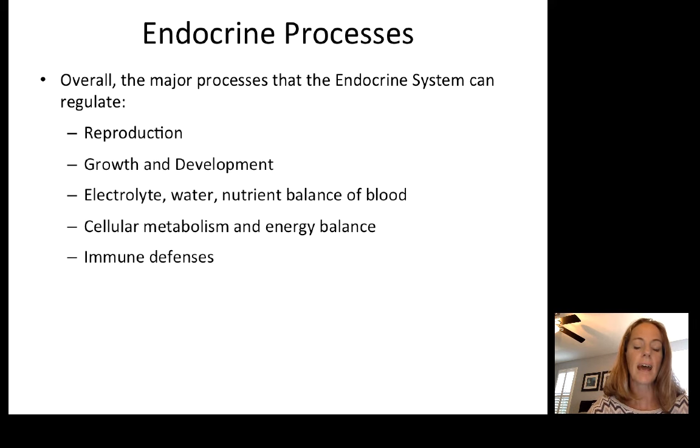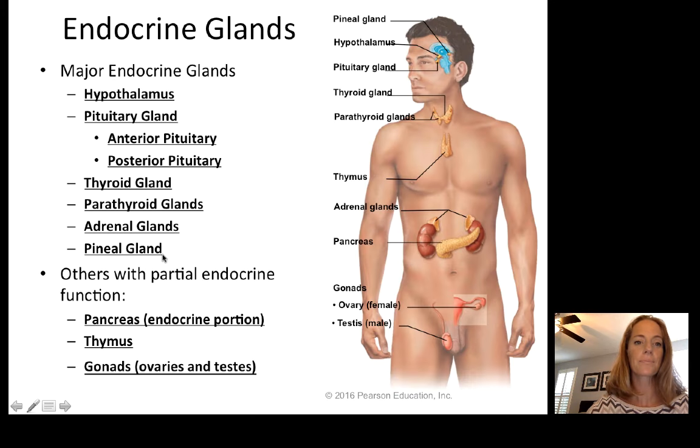It can regulate metabolism and energy balance, and it can also regulate the immune system. And sometimes the endocrine processes will regulate multiple of these examples all at the same time. Because growth and development requires a lot of nutrients, sometimes you will not only regulate growth, but you will also regulate metabolism. So these all can be linked as well.